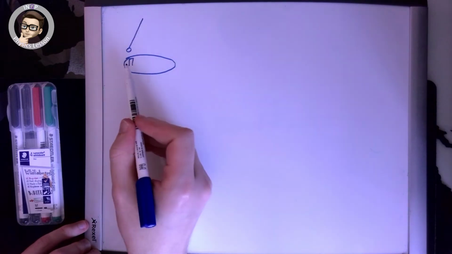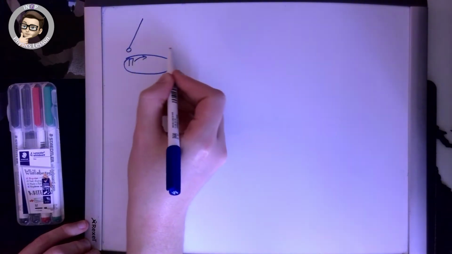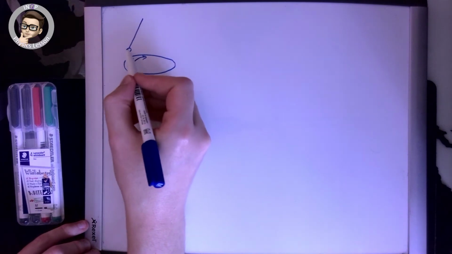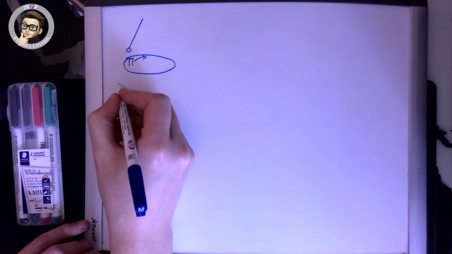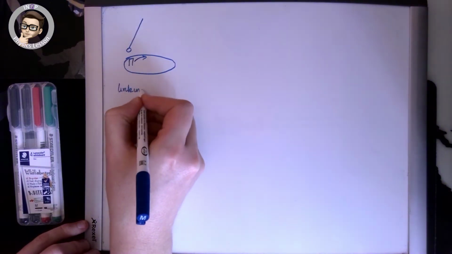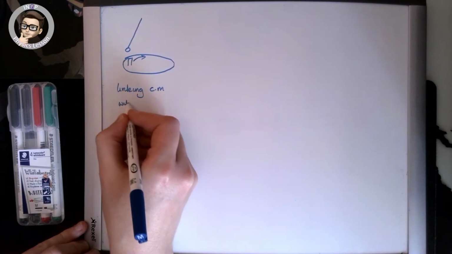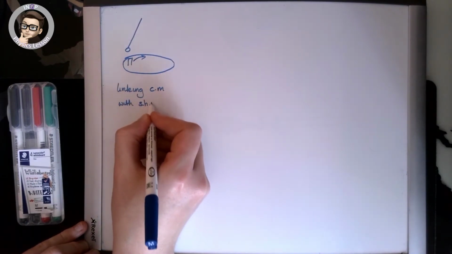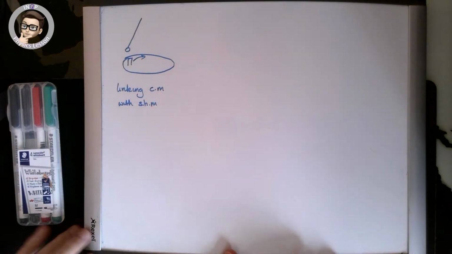As that object moves round, the shadow will move backwards and forwards in the same way that the pendulum will move backwards and forwards. So the whole idea about this is linking circular motion with simple harmonic motion. That's what we're aiming to do, and we've sort of done that already, but we're going to use that a little bit more in this lesson.